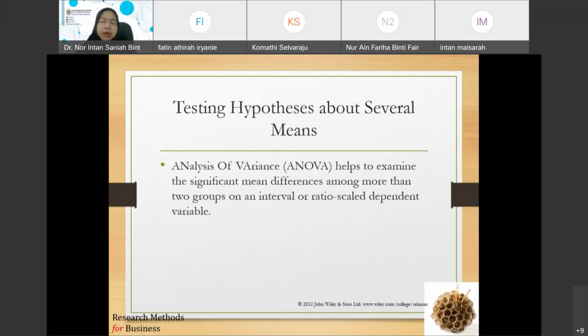If you decide to test on several means, apa dia several means? Tengok balik nota subjek yang related dengan ANOVA ni. Apa dia? To examine the significance among more than two groups related for interval or ratio scale dependent variables.